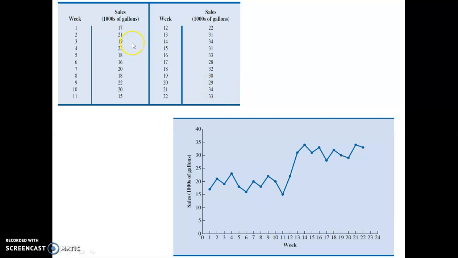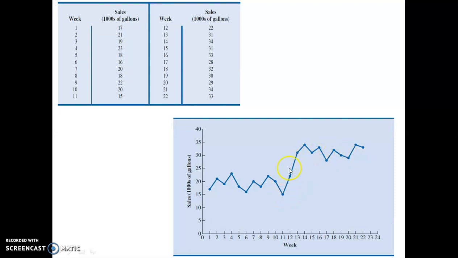Here, if you look at this table, week details and sales details are given, continuously for almost 22 weeks. For 22 weeks, the sales are given. For the same table data, we have given the graph here. If you look at this graph, there are variations. The variations are heavy, but after the 11th week, the variation is very high.